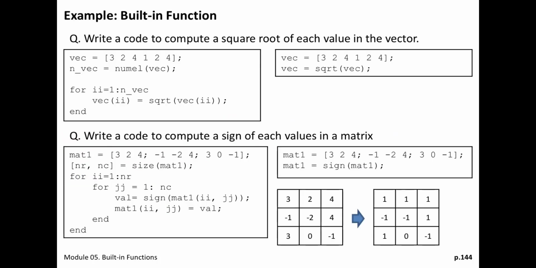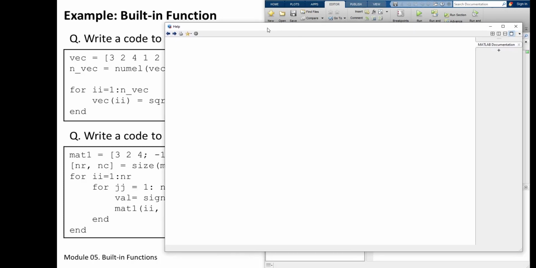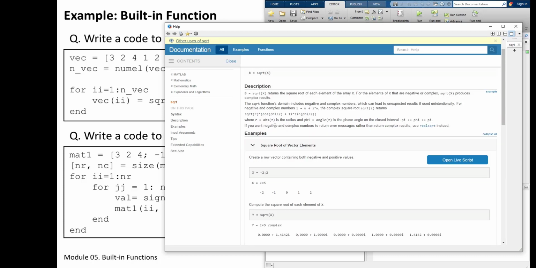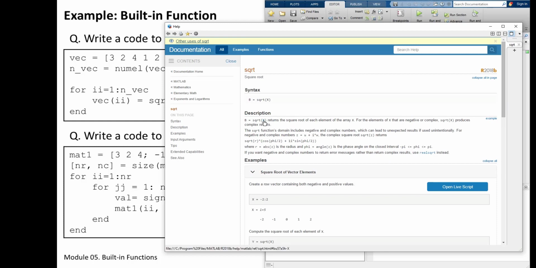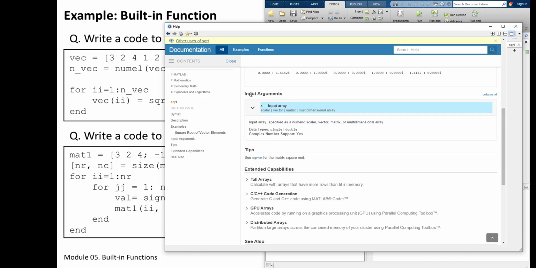Let's solve a similar problem. How to compute the square root of each value in a vector. You can read the description of what the function is, and here the input is a link to this document. You can click that, and you can see that the input argument x supports scalar, vector, and matrix, right?